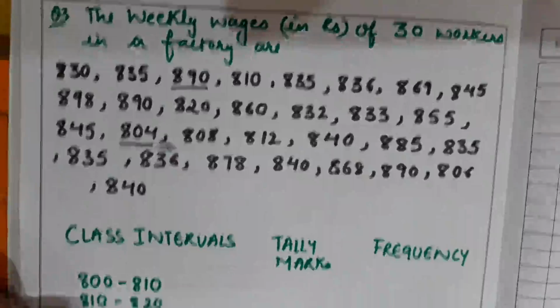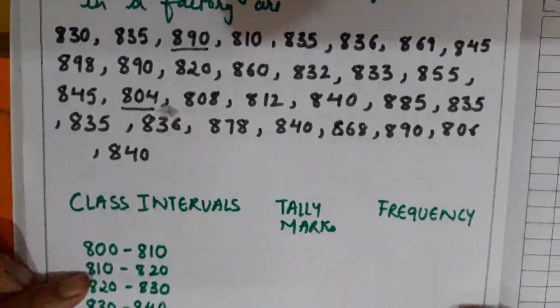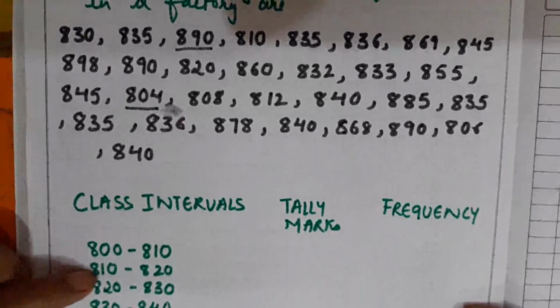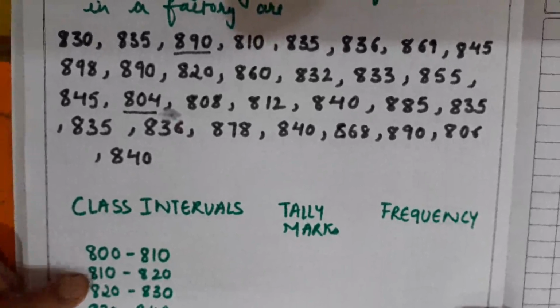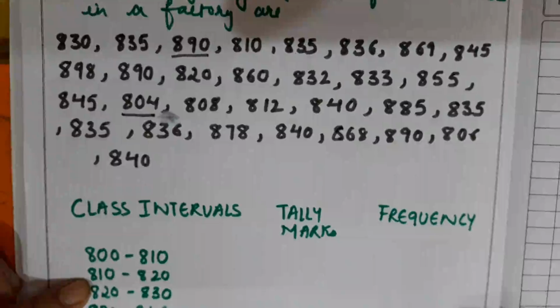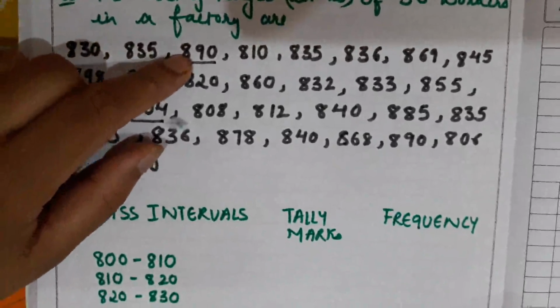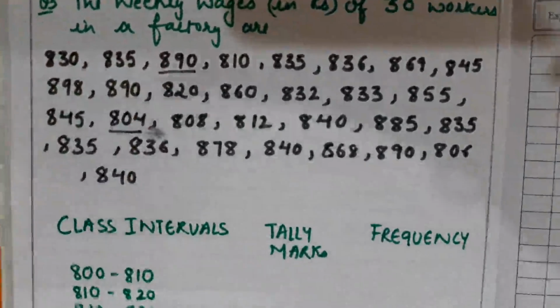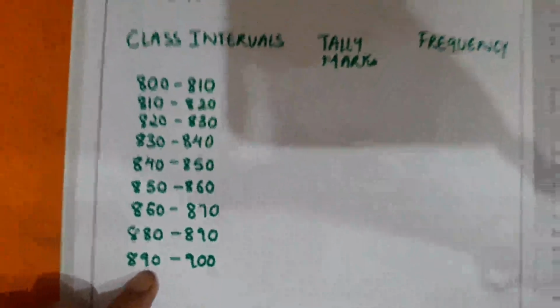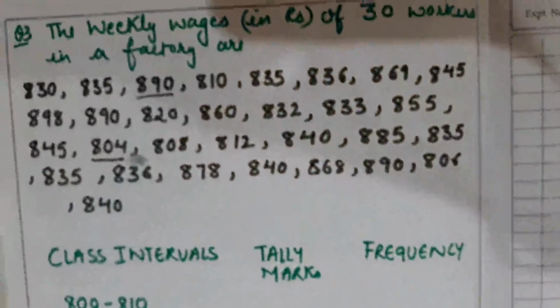It will come in the 810 class because it is starting from 810. Now 890, in which category will you take it? We have the option 880 to 890, or 890 to 900. I will take it in this one because 890 is the starting point here. Getting my point?